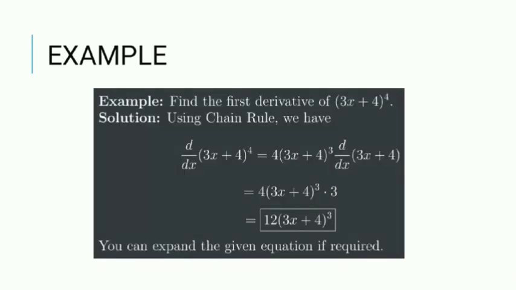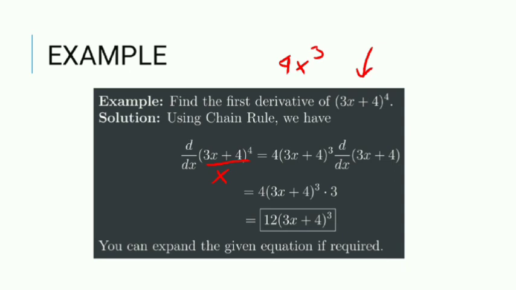So the last example, find the first derivative of the quantity 3x plus 4 raised to the 4. Notice that this is a function inside another function. In order to take the derivative of a function inside another function, we are going to use the chain rule. So using the chain rule, we first pretend that this term is just like an ordinary x. The derivative of x raised to the 4 is equal to 4x cubed.